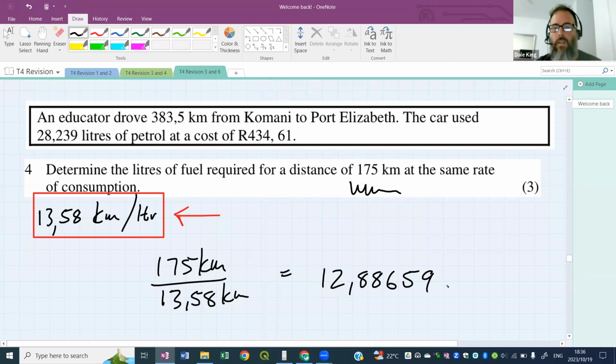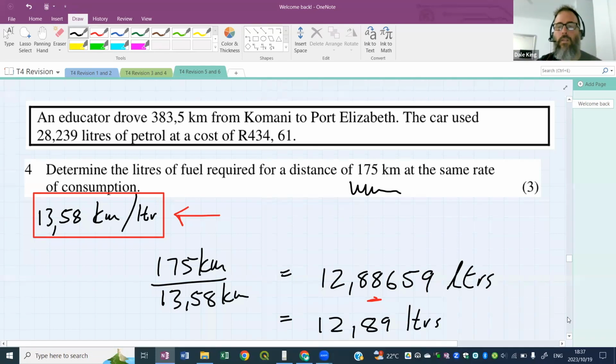So this is 12.88659 liters. Okay. We round this off. We look at that 8 and say 12.89 liters. All right, 12.89 liters.